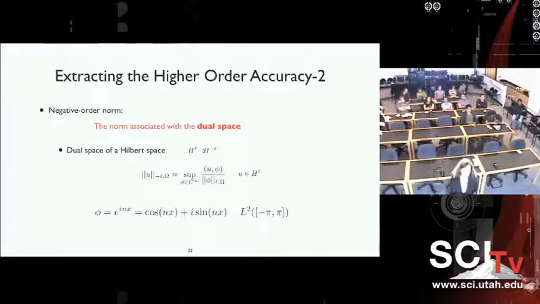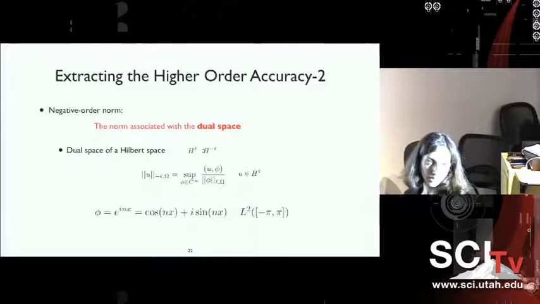We get better accuracy in this norm because we can provide higher order estimates for this norm. And we can show that this can be an upper bound on the L2 norm after filtering. Like for our filtered solution, this can be an upper bound. Yeah, but we can discuss later.